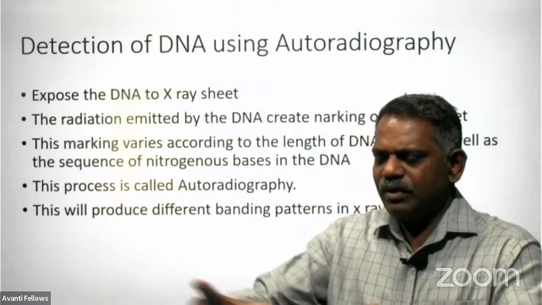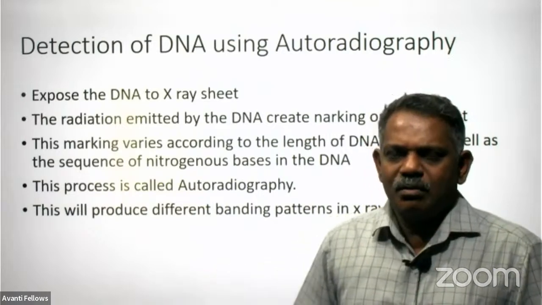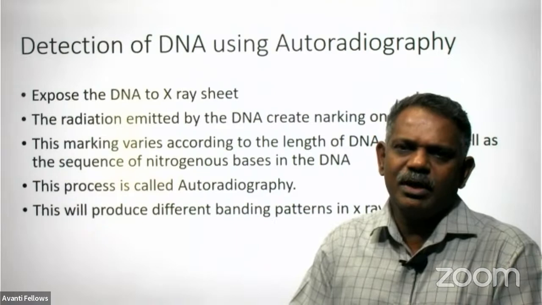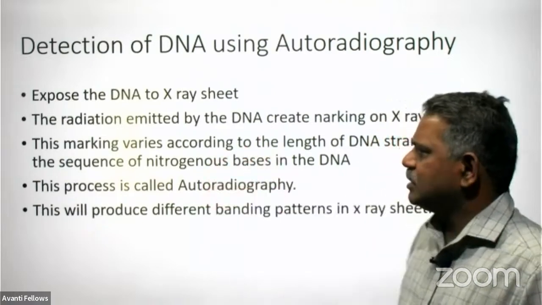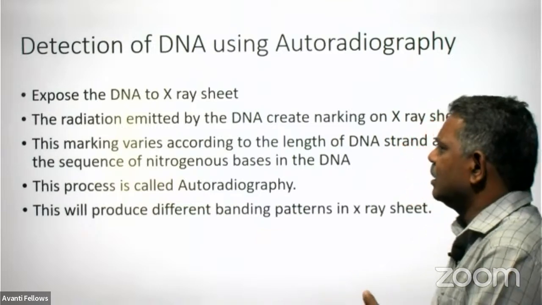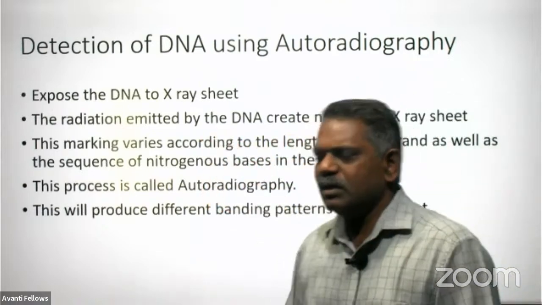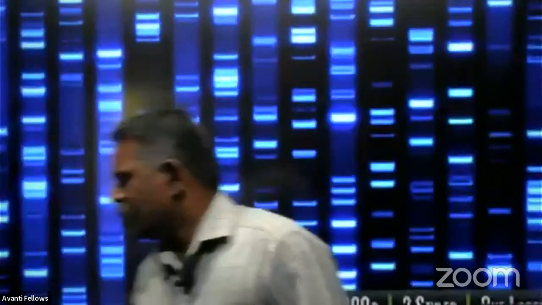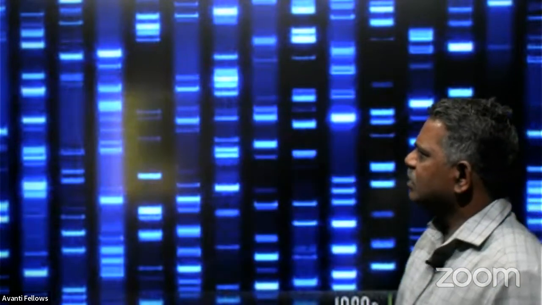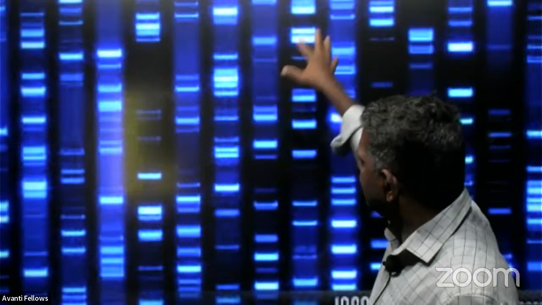Whenever we expose the hybrid on an X-ray sheet, because of the continuous emission of light from it, it creates a lot of banding patterns, and this marking depends on the length of the DNA strand as well as the sequence of nitrogenous bases in the DNA strand. So we get many bands on the X-ray sheet, because of the light rays emitted by the radioactive probes present in the DNA strand.